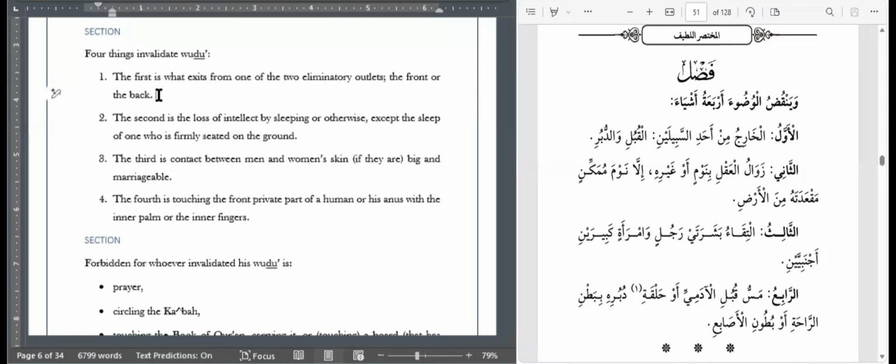Meaning, for the women, the outlet for the urine and the outlet for the semen are 2 different outlets in the front, whereas for the male, there are 2 pathways, 1 for the urine, 1 for the semen, but they converge, they come together before reaching the outside.